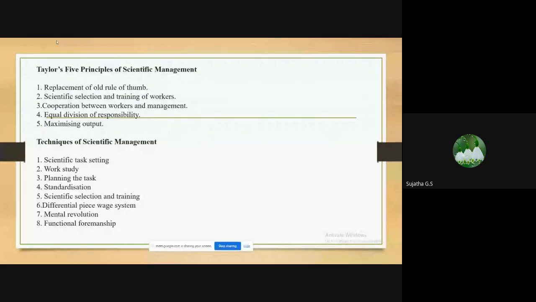Then work study: objectively and critically assessing the different jobs of an organization is the work study. Then planning the task.